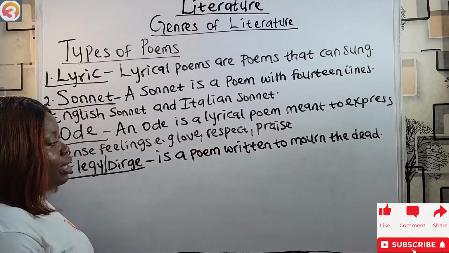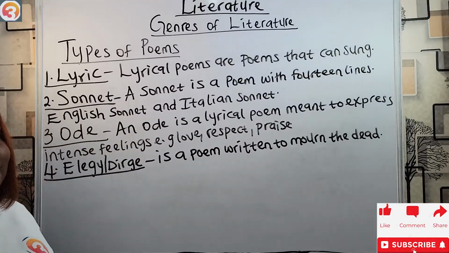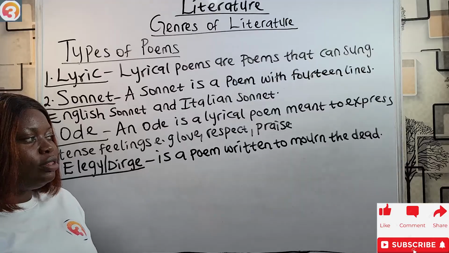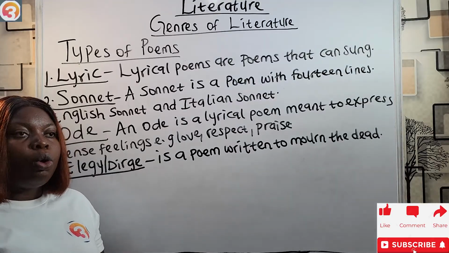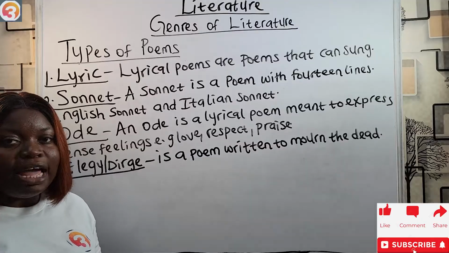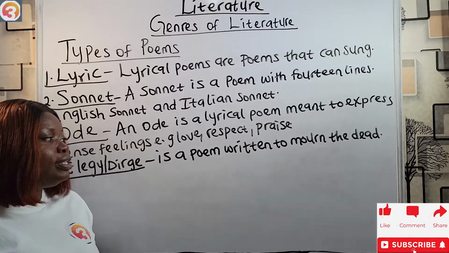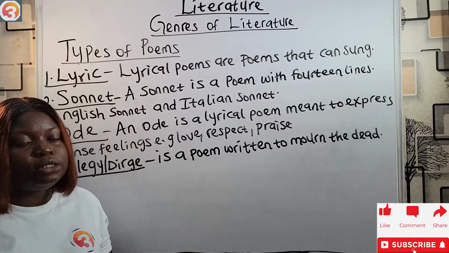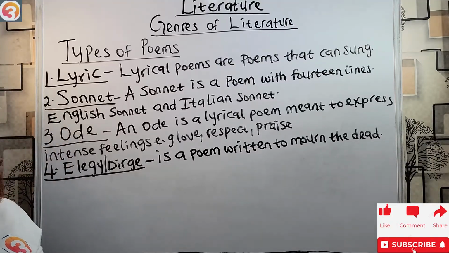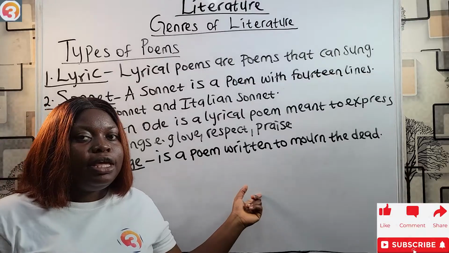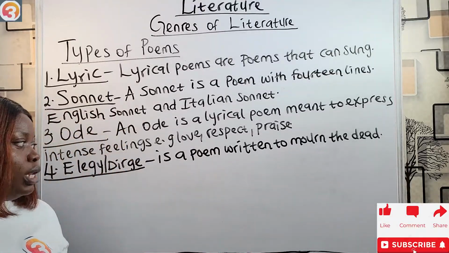So it's a poem that expresses grief, sadness, sorrow over the loss of someone. It could be someone close to you or a hero that you admire so much. Although the effect is more potent when it is an immediate loss that you can easily feel the person's sadness if it is the loss of a close relative.